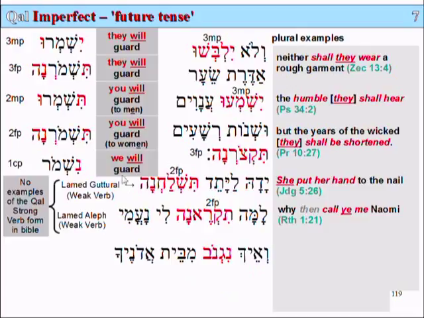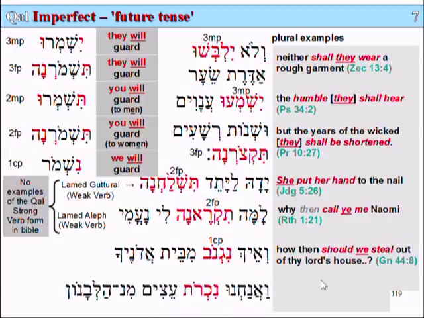And how will we steal m'beit, from the house, adonecha, of your Lord? How then should we steal out of thy Lord's house? Genesis 44:8. This is when the sons of Jacob are before Joseph, and he has set them up, and they're saying, and how can we steal from thy Lord's house? So this word nignov, should we steal, is the first person common plural.